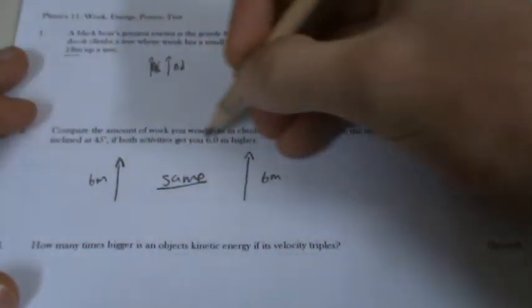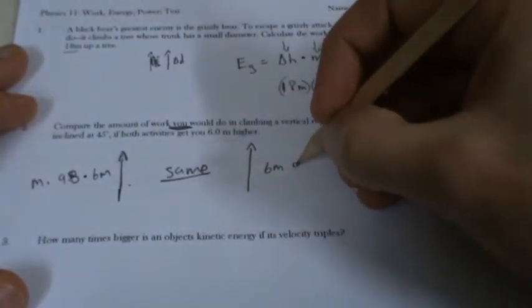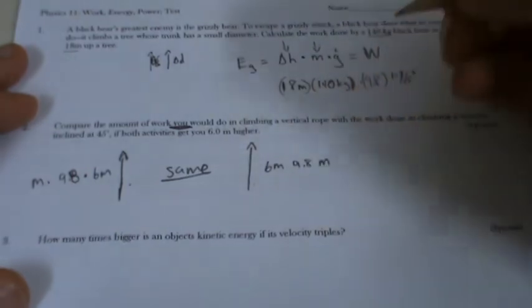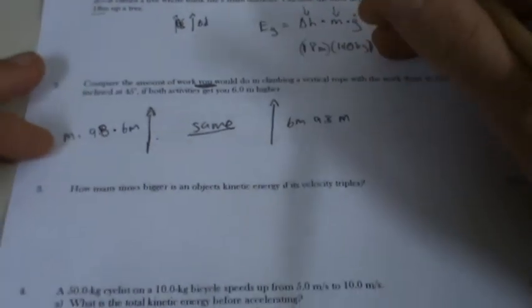Since you are the same mass in both situations, it's 6 meters times 9.8 times your mass in each case, and so they're the same.